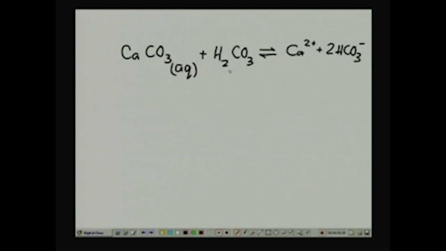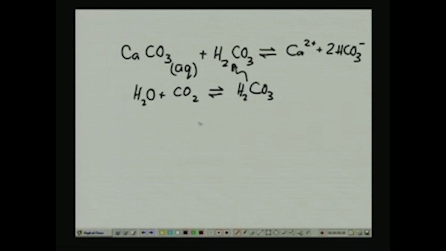Now, this carbonic acid is going to come from dissolution of carbon dioxide in water, and the reaction involved in that process goes like this. So, this carbonic acid ends up reacting with calcium carbonate.